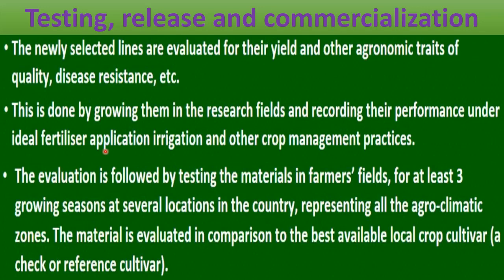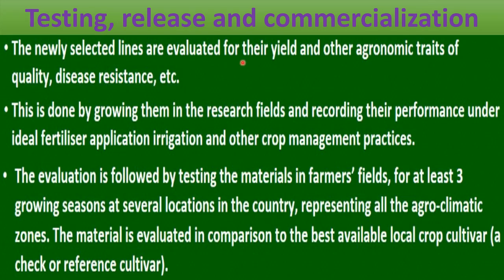Good irrigation will be given, and also other crop management practices required for the good growth of the plant. Such fields are research fields, and first of all these plants are tested there for all these characteristics: disease resistance, agronomic traits and the yield.